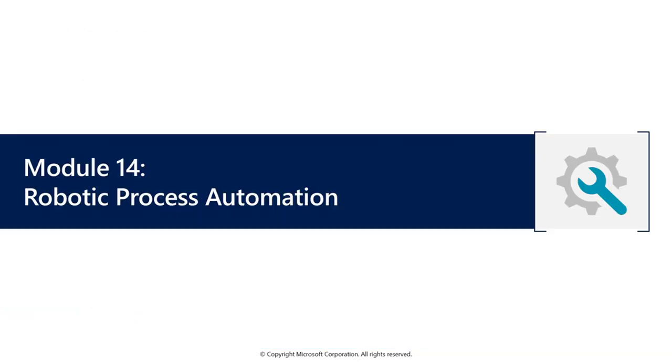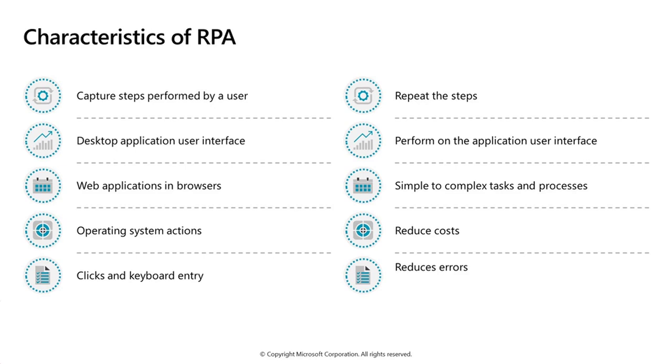About robotic process automation, which is a division, finally, of Power Automate. So with robotic process automation, you can do more than using Power Automate's standard flow, which was the only option we had at the very beginning with Power Automate.